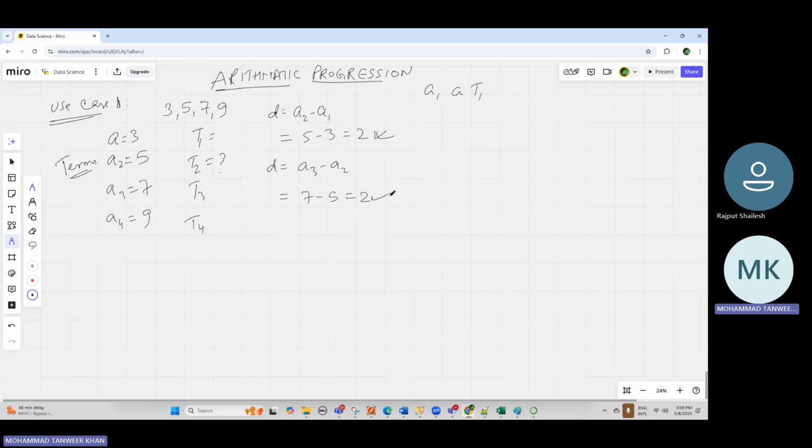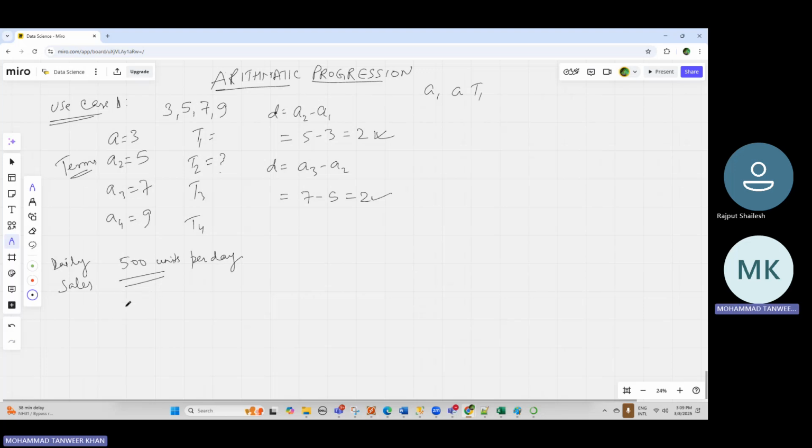Now let's take an example of daily sales. Suppose the daily sales increase by 500 units per day. Maybe assume that in a particular store, the daily sales is increasing by 500 units per day.